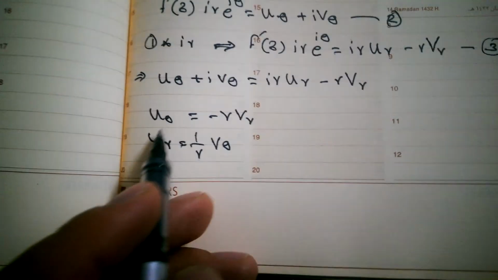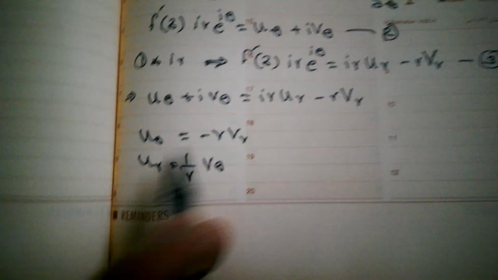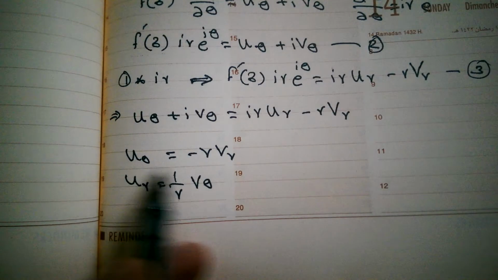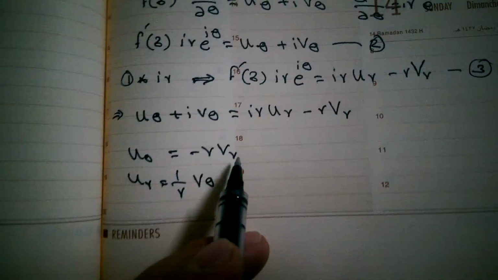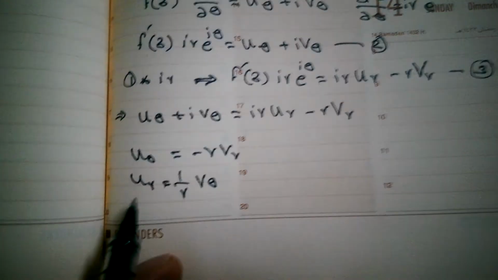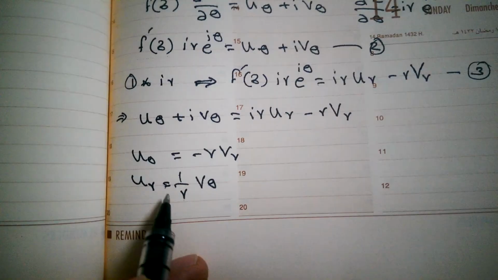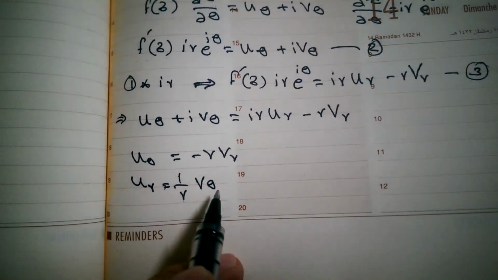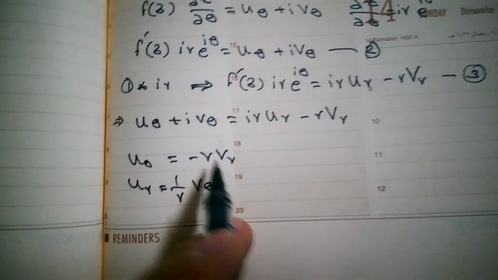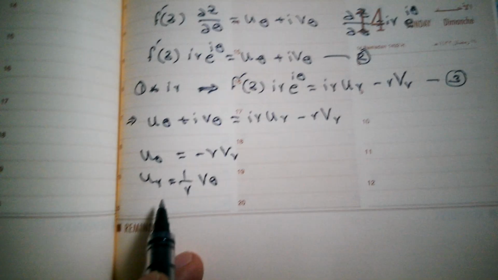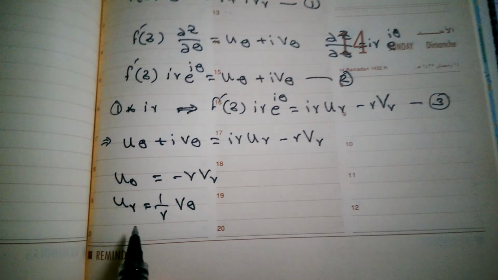These are the Cauchy Riemann equations for polar form. If u sub theta is equal to minus r v sub r, and u sub r is equal to 1 over r v sub theta, that means our f satisfies the Cauchy Riemann equations.